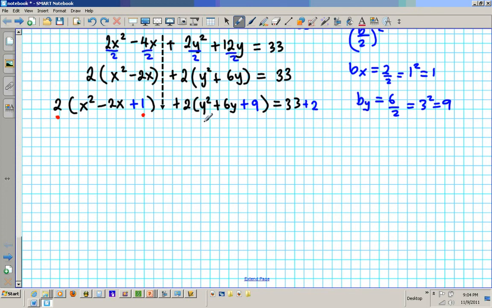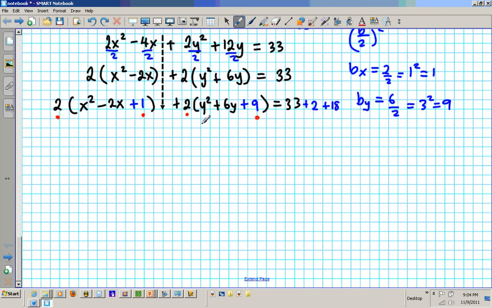On the y world, what did I add? I added 9 in the parentheses, but there's a 2 here. So what did I actually add to the y world? I added 2 times 9, which is what? 18. So plus 18. Okay? Keep that in mind, because this is where people make mistakes. They put 1 here and 9 here instead of 2 and 18. You have to distribute before you add it here.